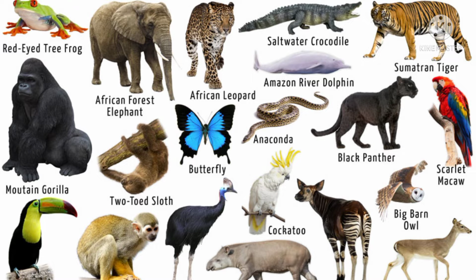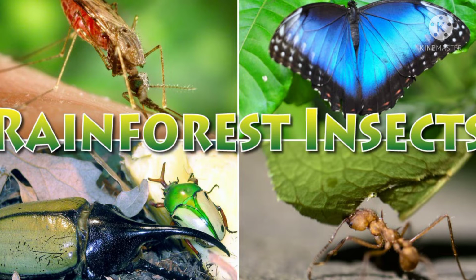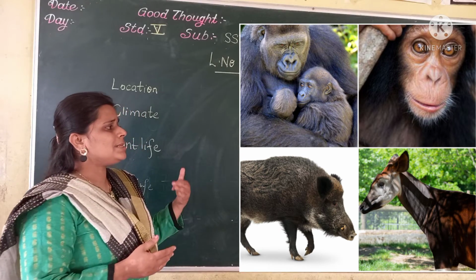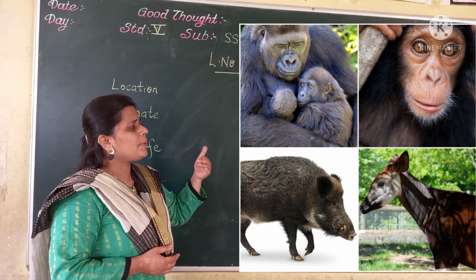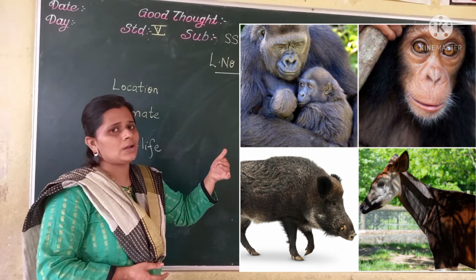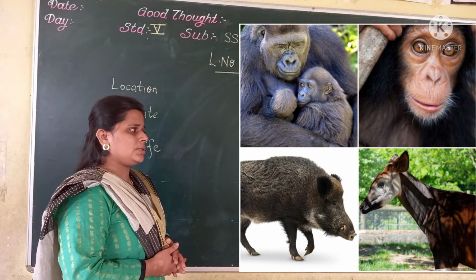For example, we see butterflies, mosquitoes, spiders and many more. Animals like gorilla, chimpanzee, white pig and okapi are found in this region.